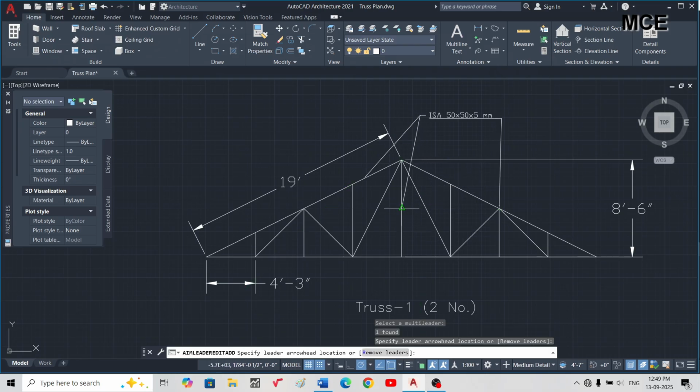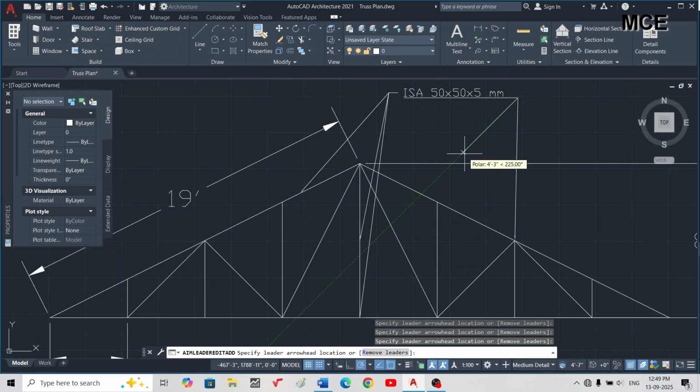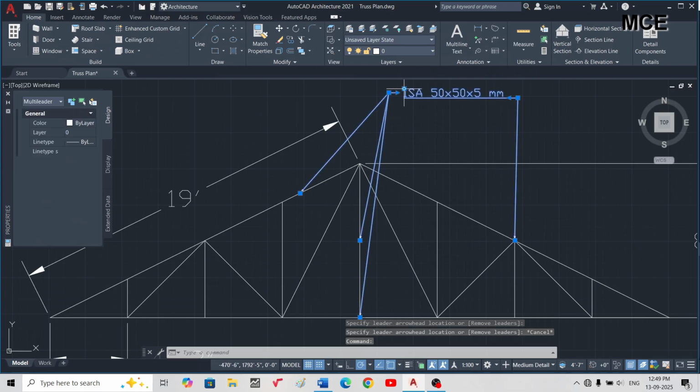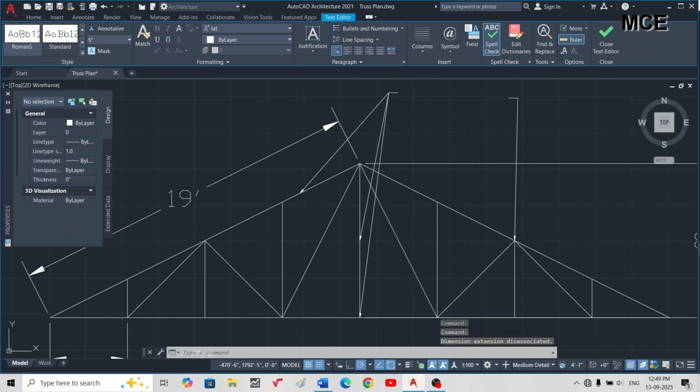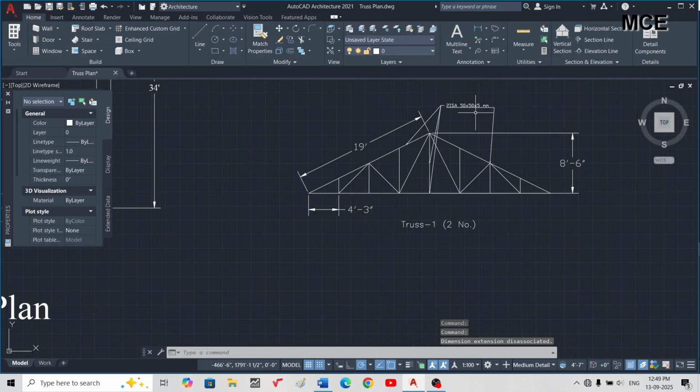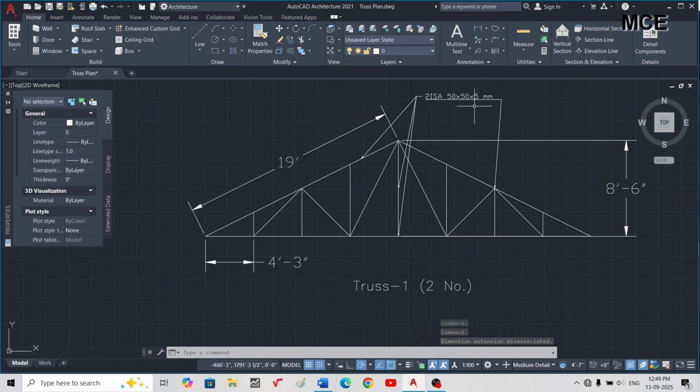But not single, I will take it as double ISA, that is 2 ISA 50 into 50 into 5 mm. That is double angle I will use for the top rafters, the king post and the bottom chord.